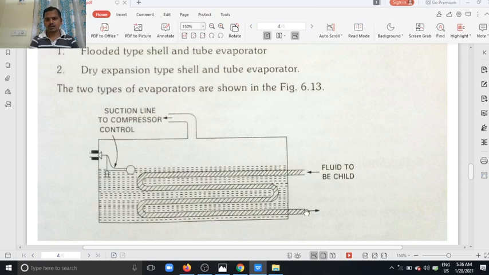So this is the exit of the chilled liquid at low temperature. Due to density, it moves downward and goes to the refrigerated space, that is the air conditioning space. So this is the flooded type shell and tube evaporator.